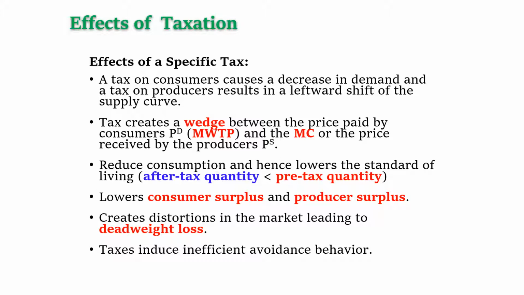Now, the distortion created due to taxation results in what is called the deadweight loss, or the efficiency loss, or the excess burden of taxation. We are going to deal with this concept later on in the lecture.